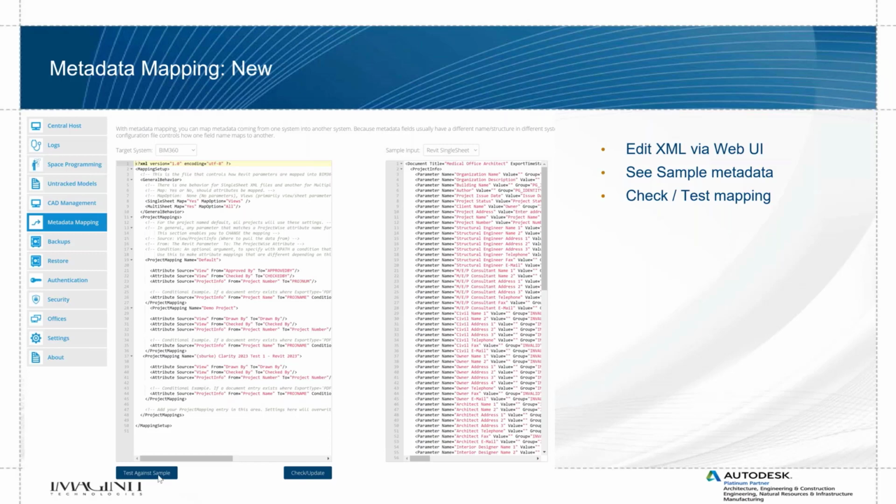And you can even do a test to say, take this sample data and put it through my configuration for how to map things, and what does the output look like. So yeah, that's ultimately what we're trying to do, is take something that was there and make it a little bit more approachable by putting it in the user interface.